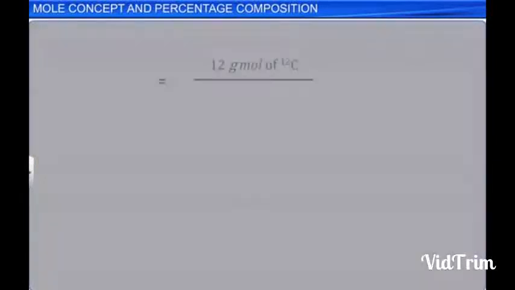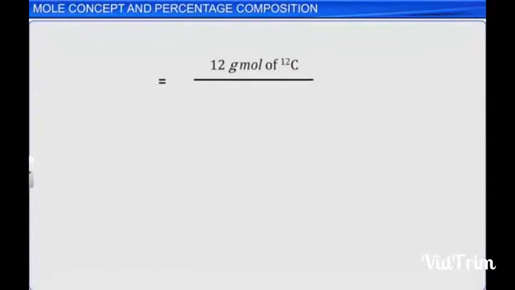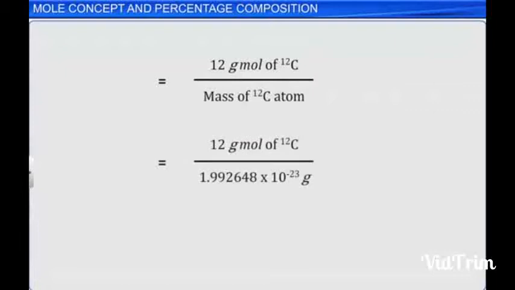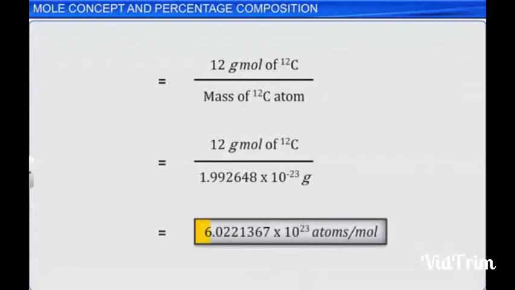They then divided 12 gram of carbon-12 by the mass of a carbon-12 atom and obtained 6.0221367 multiplied by 10 raised to 23, which is the number of atoms in 1 mole or 12 gram of carbon.